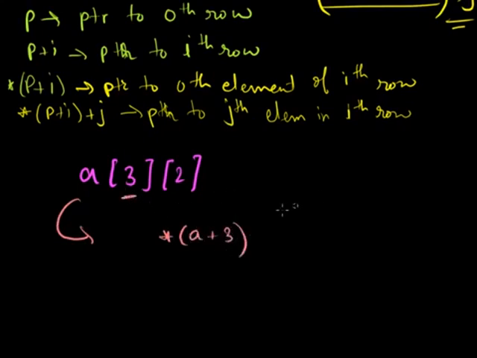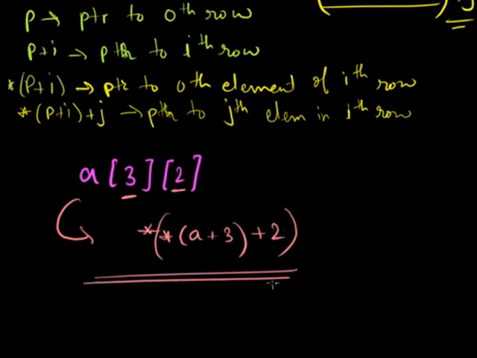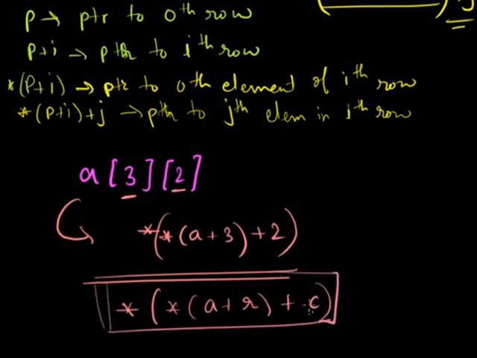Then to the column, so plus 2, and then you have the pointer, so you access the value using the star operator. So to summarize, to make it more generic, we have the notation: a plus i is the row, let's not use i, let's use r, and plus column. So this is the general notation of pointers and arrays.